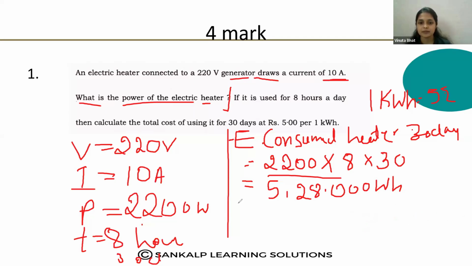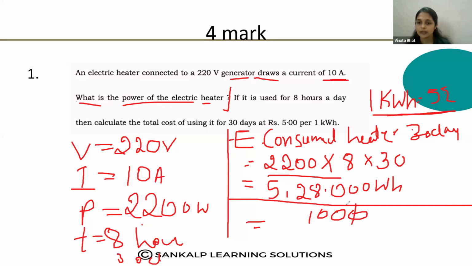Here 1 kilowatt hour is equal to 5 rupees. So it is in watt hour. You have to convert it into kilowatt hour. You have to divide it by 1000.